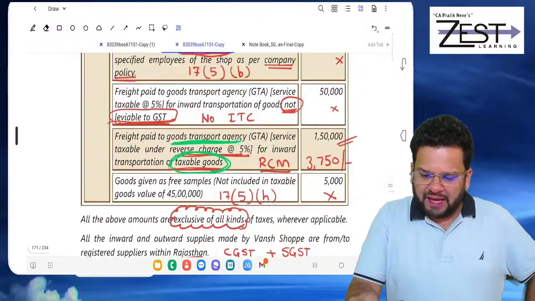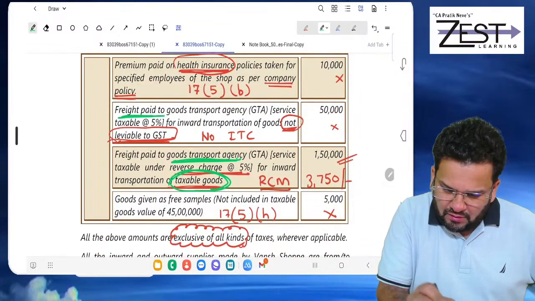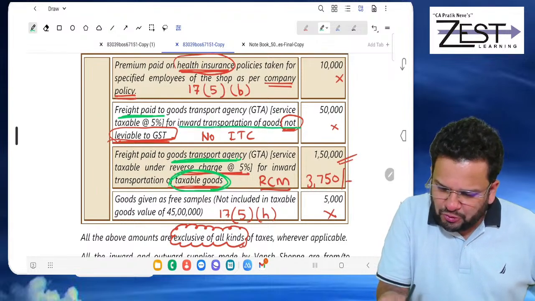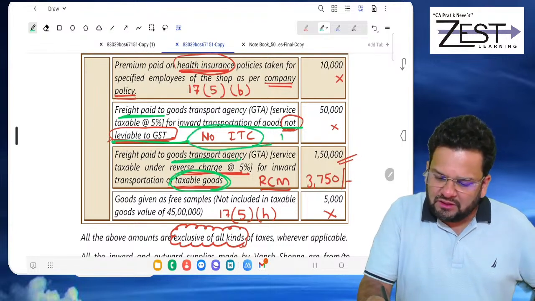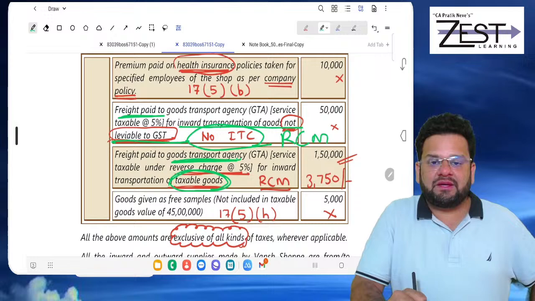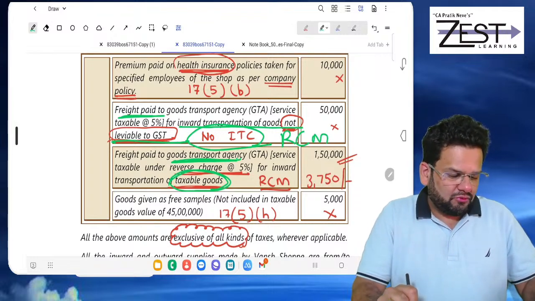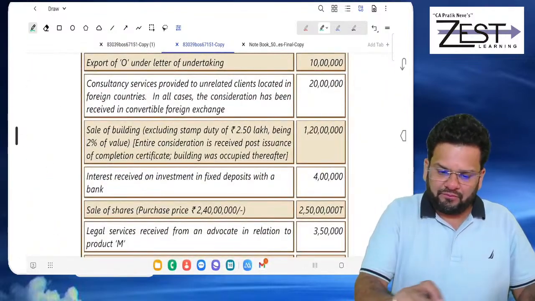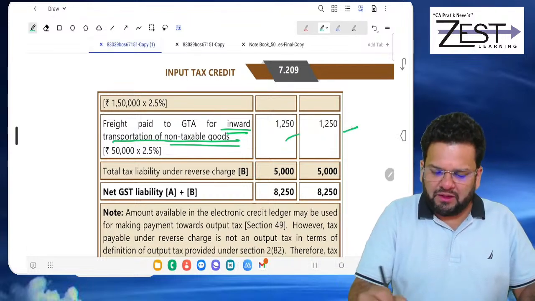There is this supply of freight paid to goods transport agency for inward transportation of goods not leviable to GST. So no ITC, but GST is payable on RCM. So 50,000 into 2.5%, 1250 will be payable. So see this, 1250 is payable.